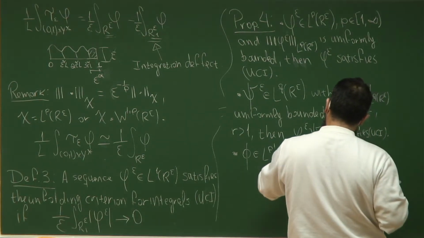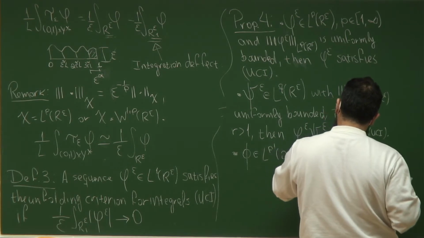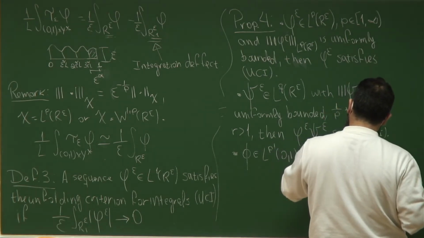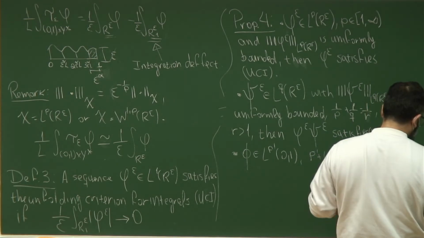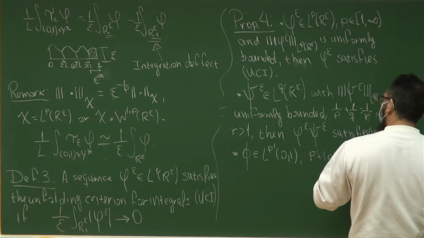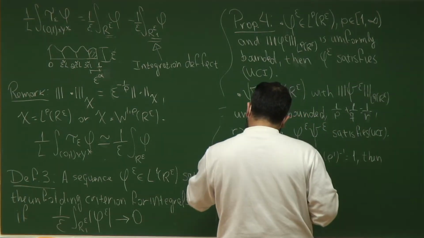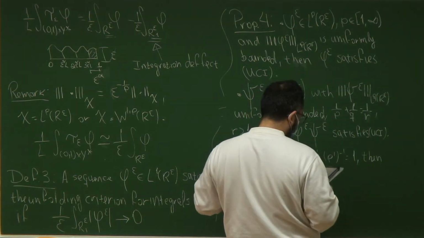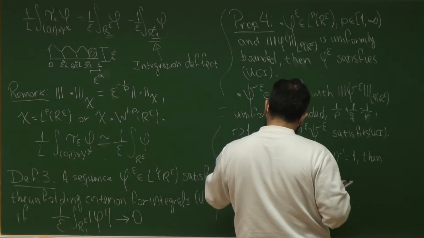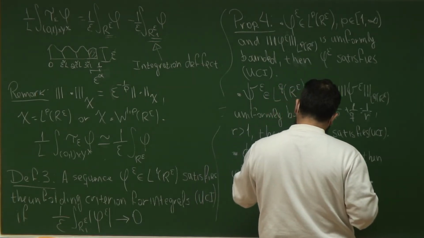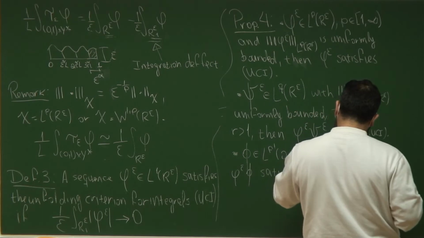Here, P prime minus 1 is 1. Then phi epsilon phi also satisfies UCI.